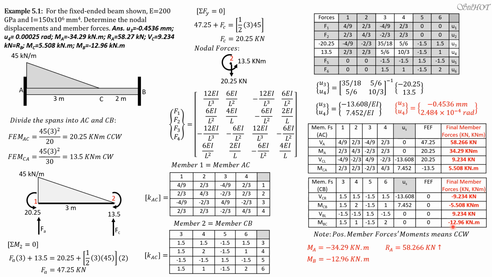But because we are given a value MBC which is negative 12.96, it means clockwise at B. And clockwise moment at B means negative because it should be counterclockwise to be positive. So that's why the moment at B is negative 12.96 kilonewton meters. And RB is simply equal to the shear at B just to the left, which is 9.234 kilonewtons. That's it.